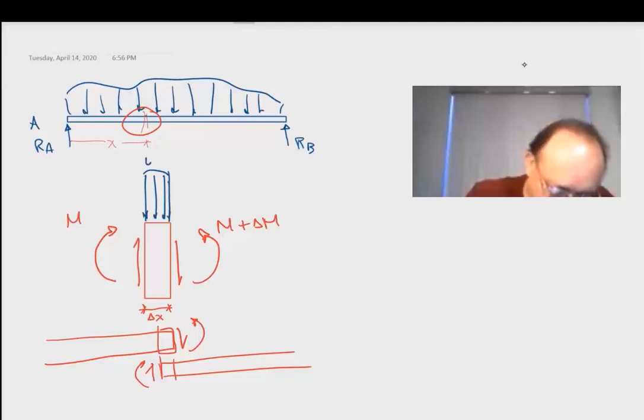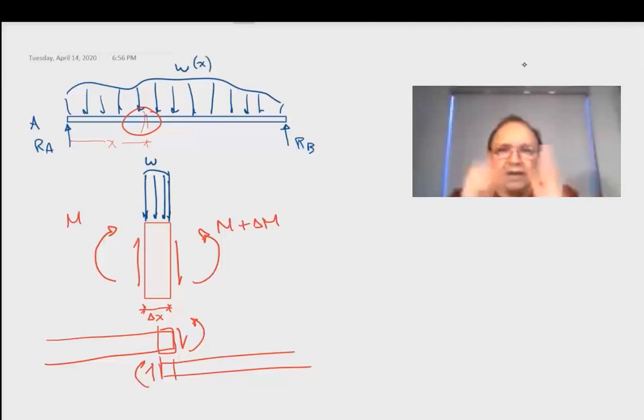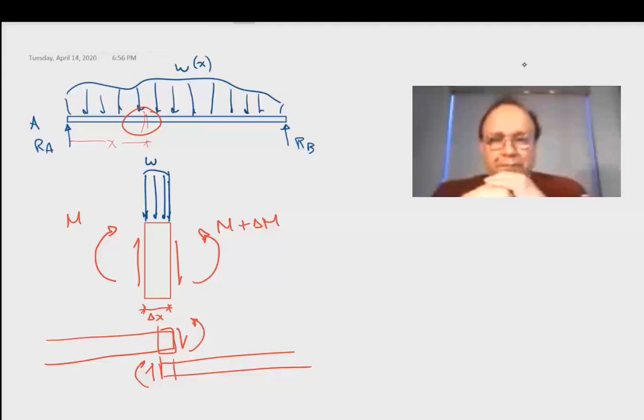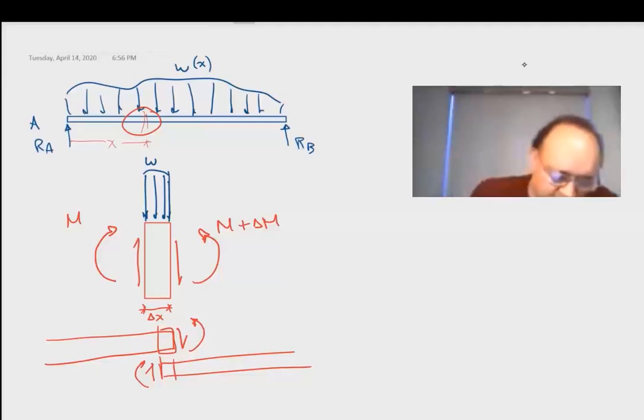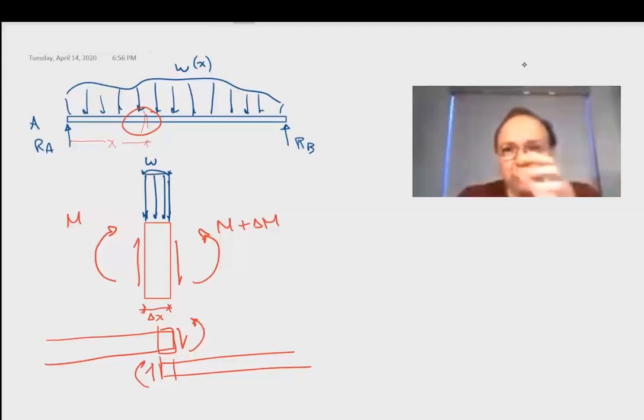A tiny piece of load W, or you can call it W of X. This is like a little slice of the beam. The load is not supposed to change too much from here to here because the distance is very short. It's just delta X, and we are going to make that delta X tend to 0.